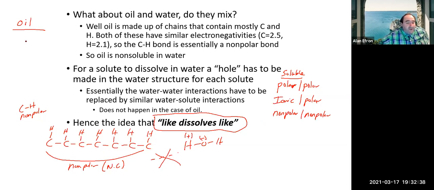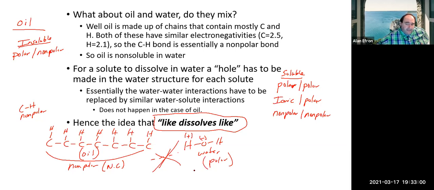You only run into trouble when you try to cross over. Things become insoluble when you take something that is polar and try to mix it with something that is nonpolar. Like what we have in this example here, oil being nonpolar, water being polar. These two do not mix because of that.